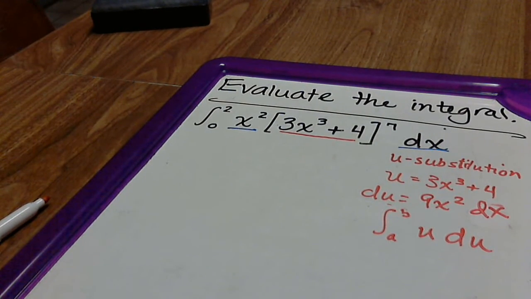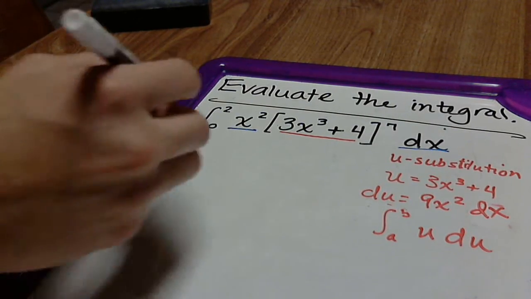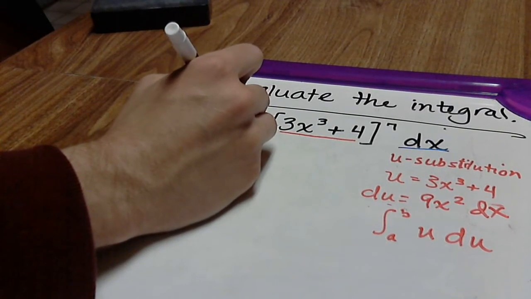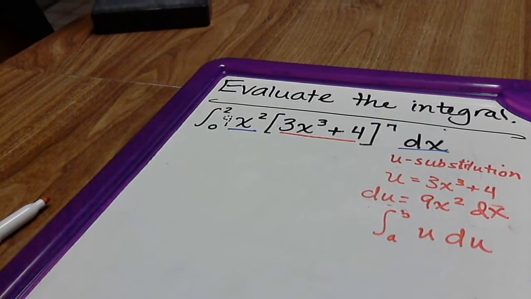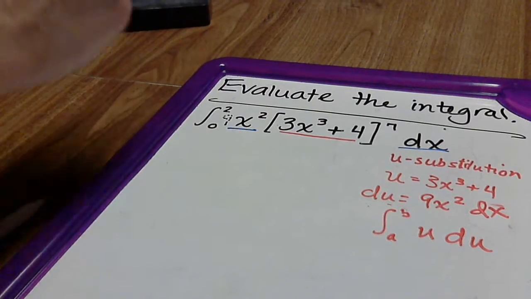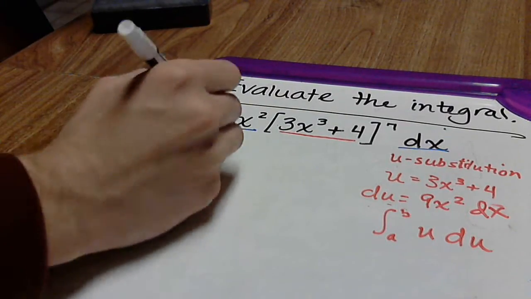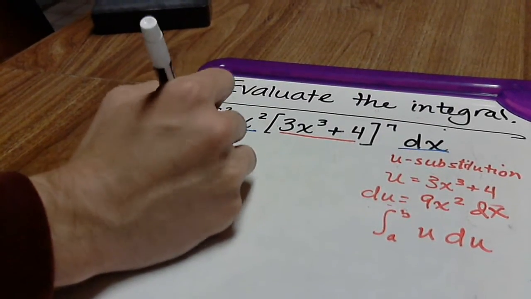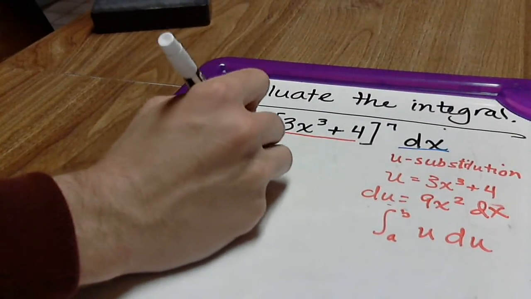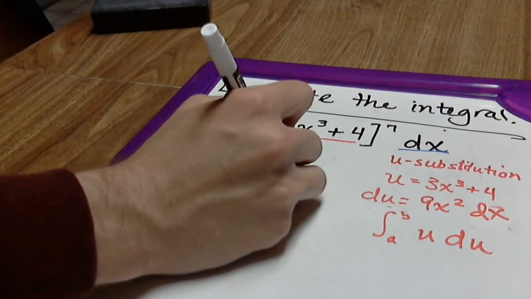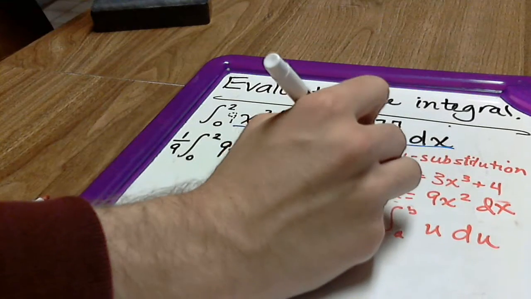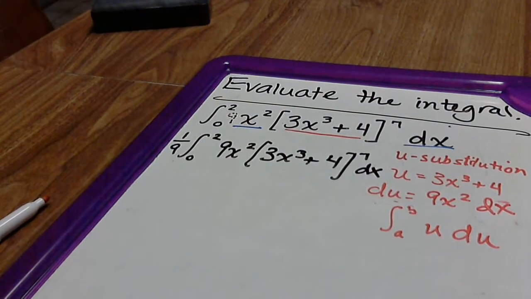As with any good math problem, what we do to one part, we have to do to the other. So if I put a 9 in there, I have to balance it on the outside of the integral by multiplying by 1/9: 1/9 times the integral from 0 to 2 of 9x squared times 3x cubed plus 4, all to the 7th power, dx.